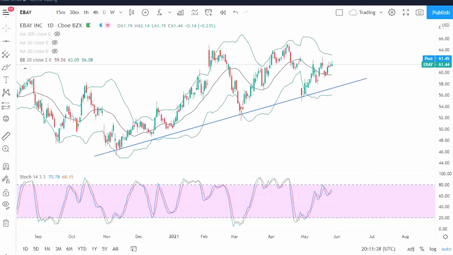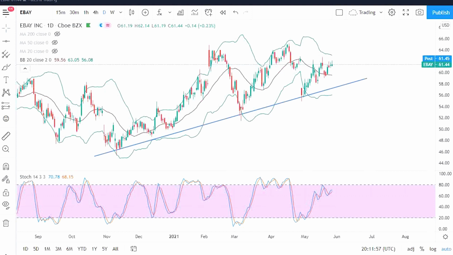But in line with our playlist on entries, I'm going to offer you just a really basic look at what these entries are and how I use them. You can do this on pretty much any charting platform. I use TradingView.